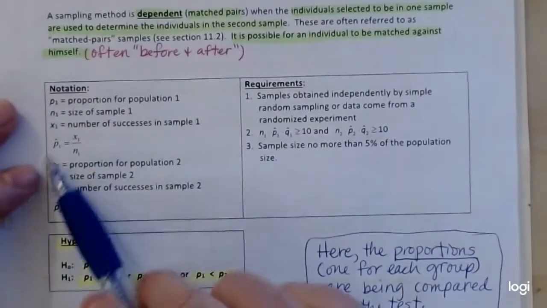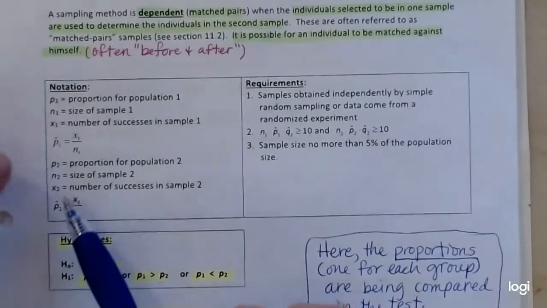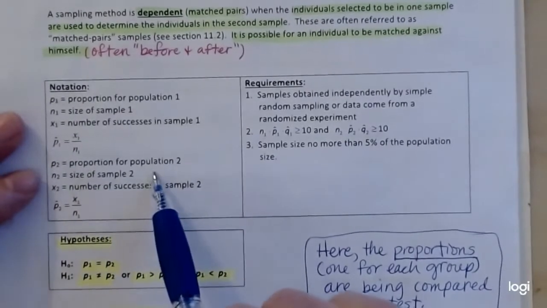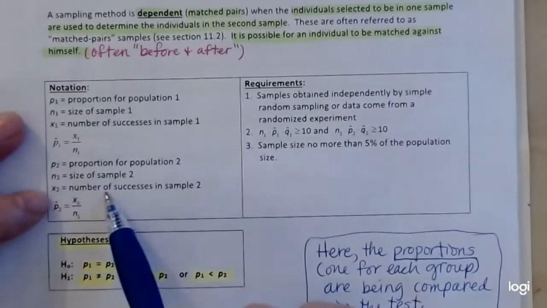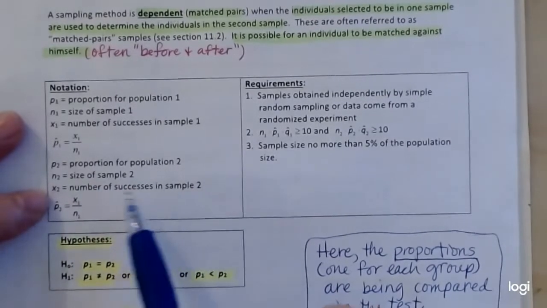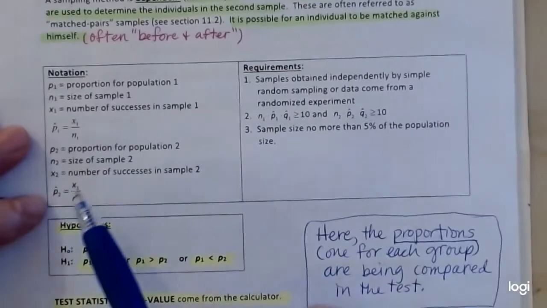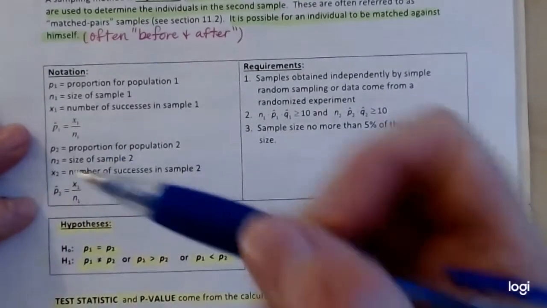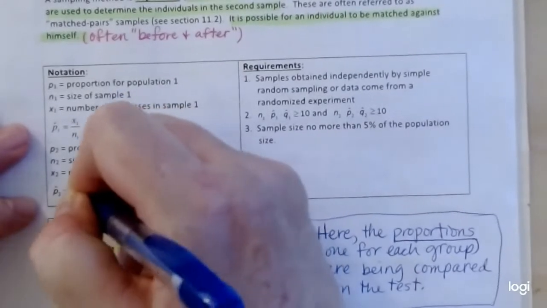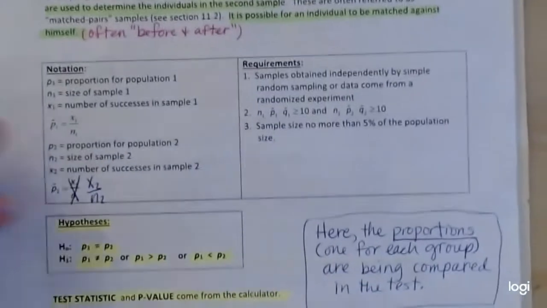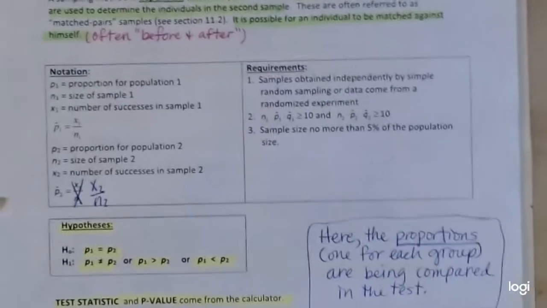Then you use a 2 for the second sample, the same symbols. p2 is the proportion for population 2, n2 is the size of sample 2, x2 is the number of successes in sample 2, and p-hat 2 is, this should be 2, x2 over n2. That's printed wrong, so make sure that you take note of that.